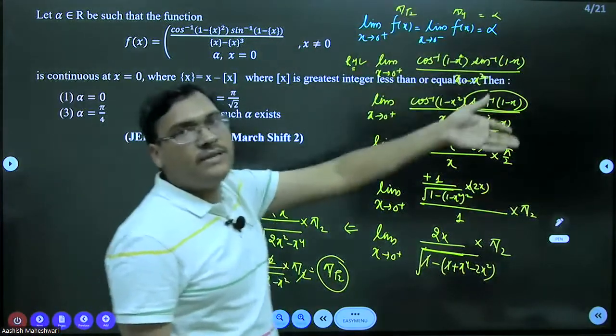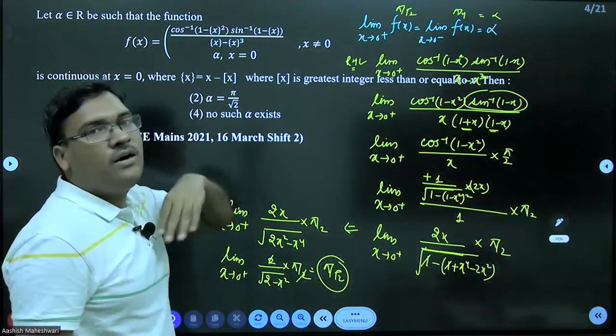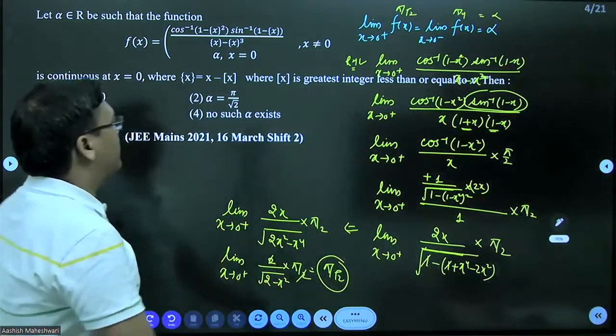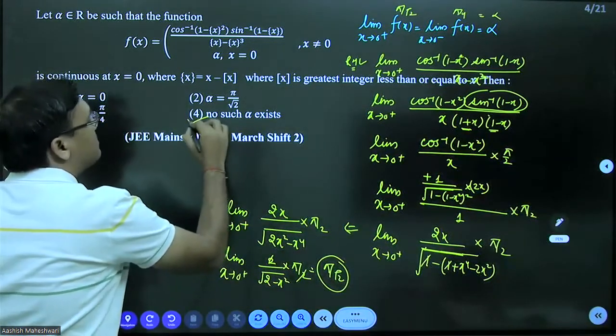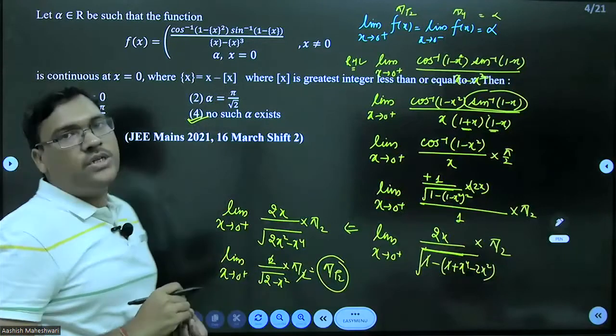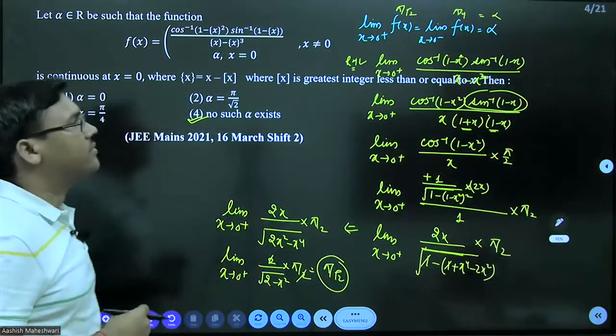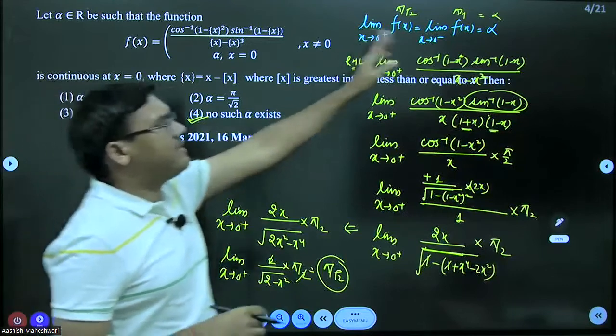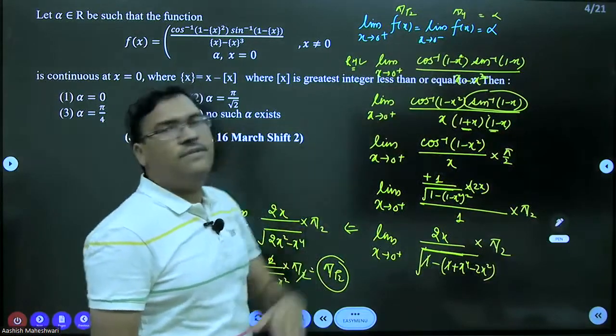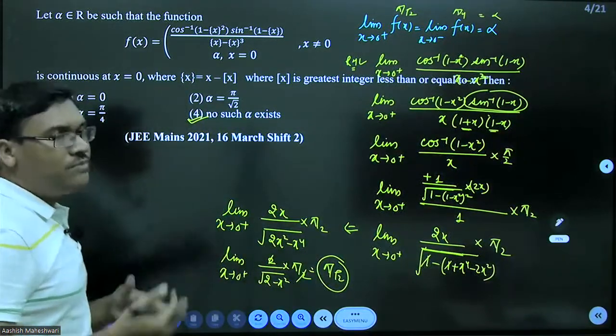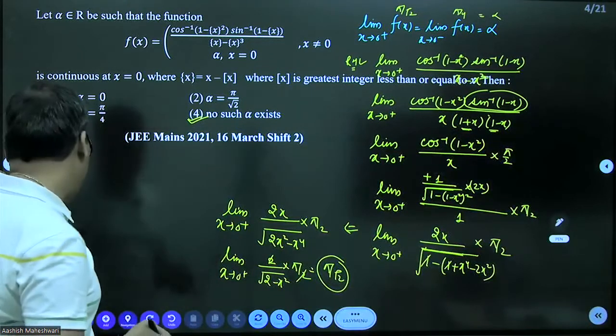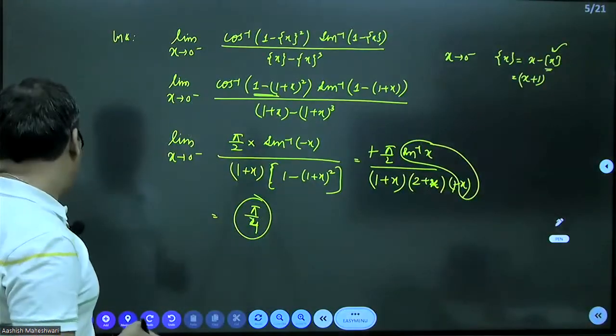It means the limit of the function does not exist, so how is continuity of the function possible? So there is no such value of alpha such that this function is continuous at x equal to 0. Because the limits themselves are not the same, how can you find the value for continuity? At least the limits should be the same for continuity, right? So this is the answer.